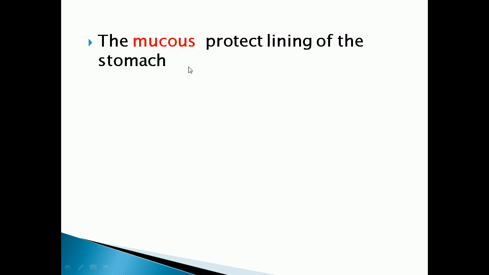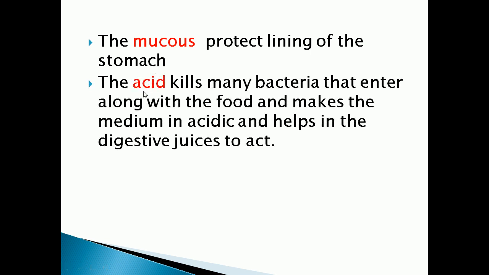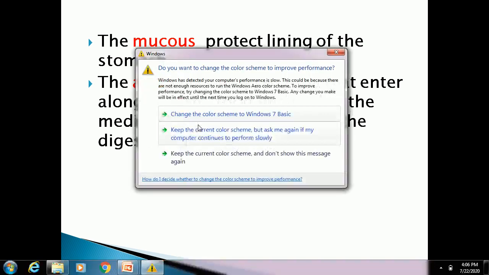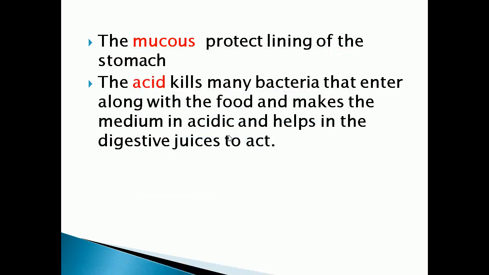Then the hydrochloric acid in the stomach kills the bacteria which enter along with the food and makes the stomach an acidic medium. It creates the acidic medium and helps the digestive juices to act.